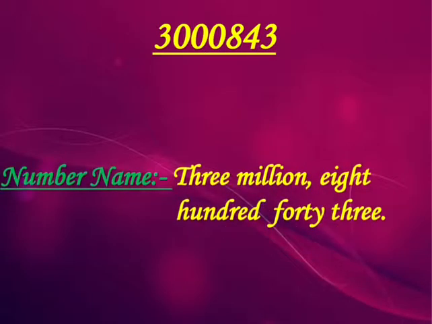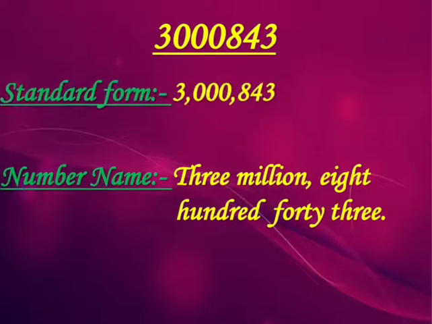Next, we have the number 3,000,843 and we have to write the number name. So for that, what we're going to do, we will place the commas. Counting from the endmost position, let's place the commas. So our standard form will be 3,000,843.